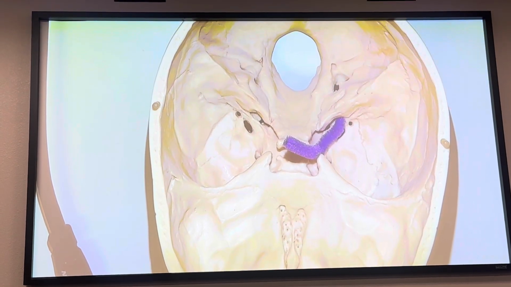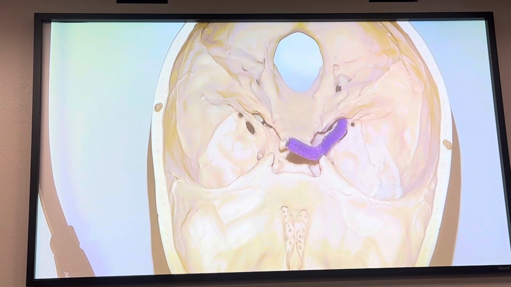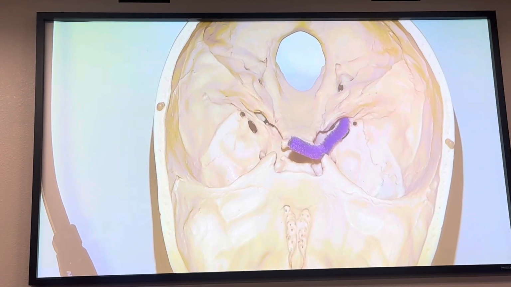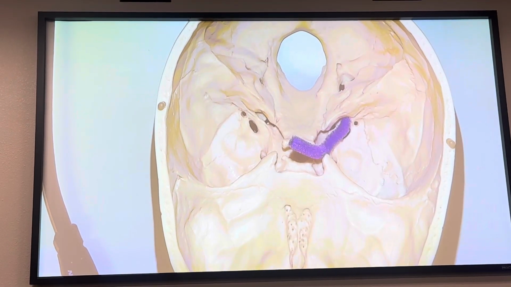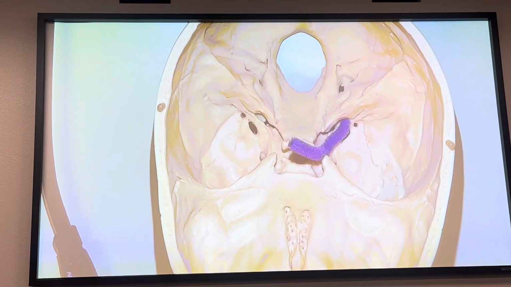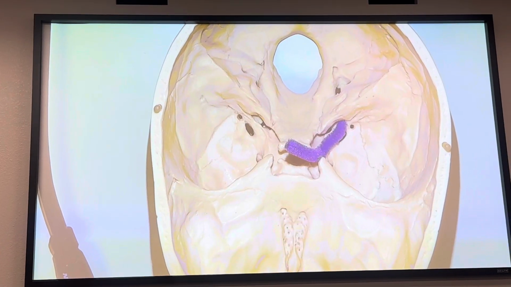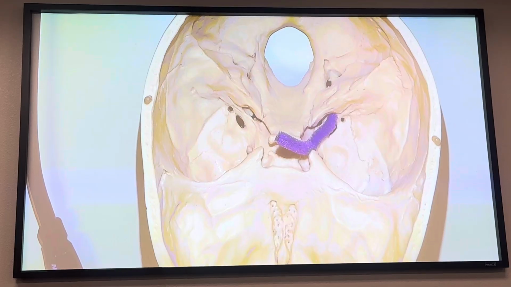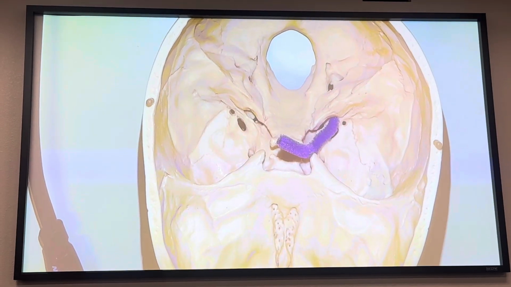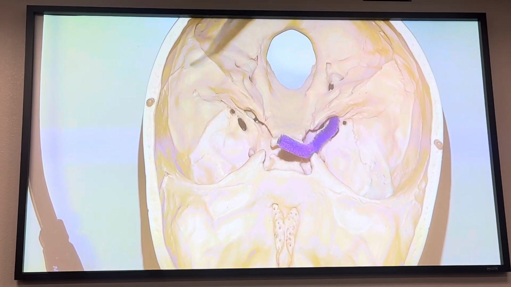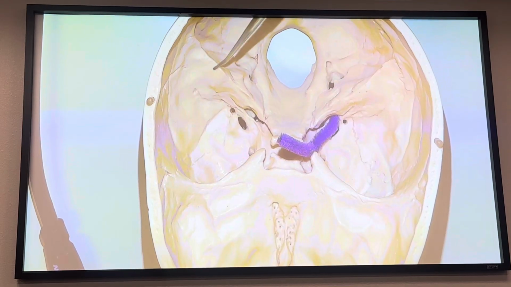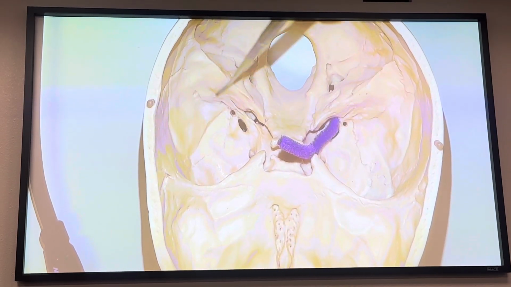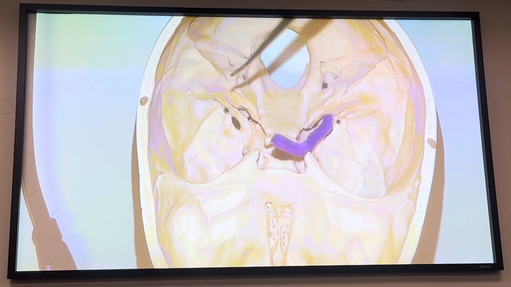We have to come higher up on the petrous part of the temporal bone in order to see the hole associated with cranial nerves 7 and 8. So your facial nerve and your vestibulocochlear nerve, remember, they enter the temporal bone. So right here, if I were to Dremel out this region, this is the arcuate eminence, is what we call it in surgery.